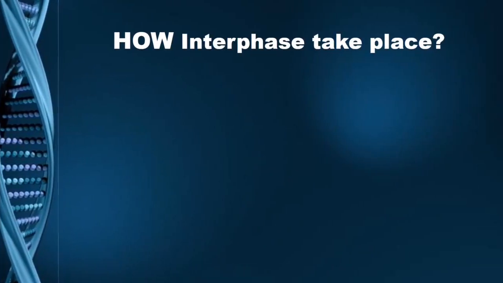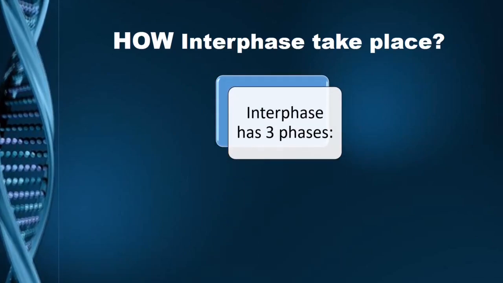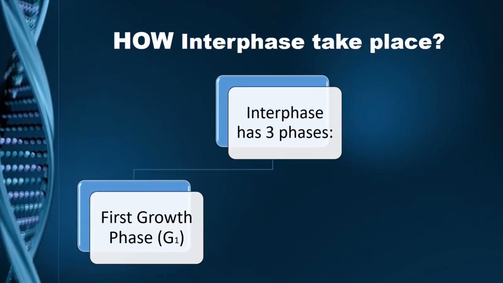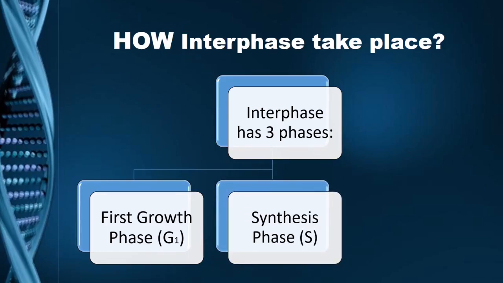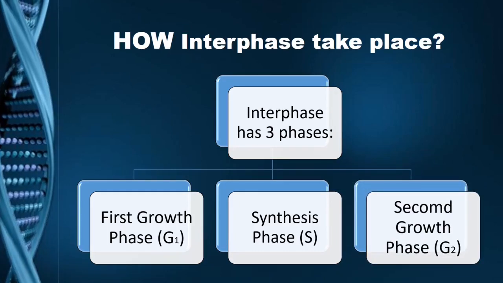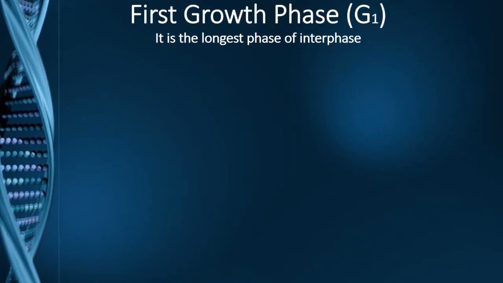How does interphase actually take place? Interphase has three phases. First growth phase, G1. Second is synthesis phase, S, and the third is second growth phase, G2. First growth phase: out of all the three phases, it is the longest phase of interphase.